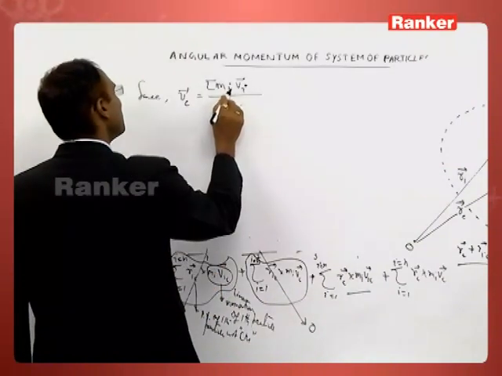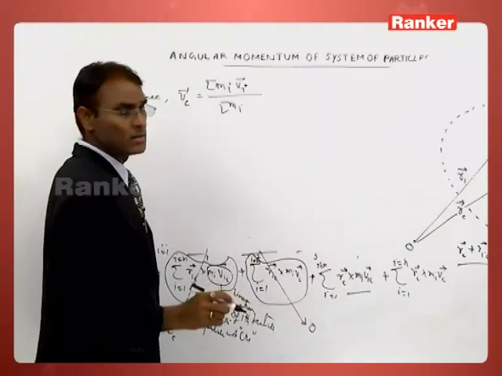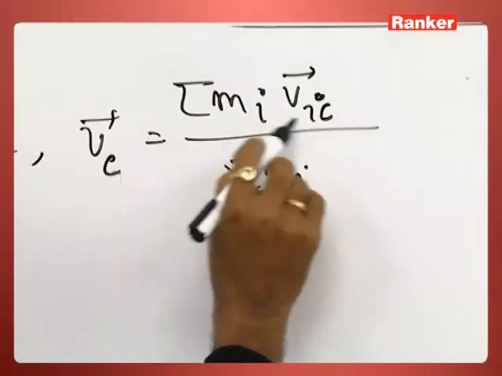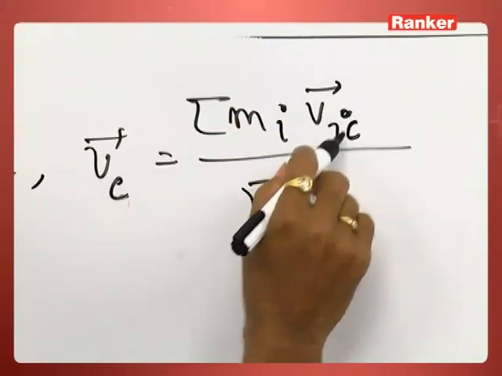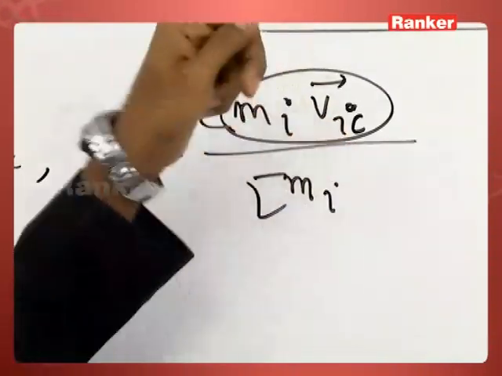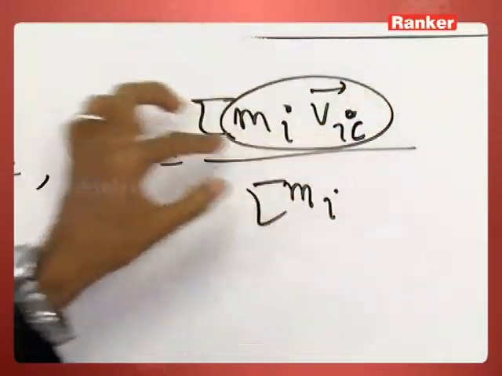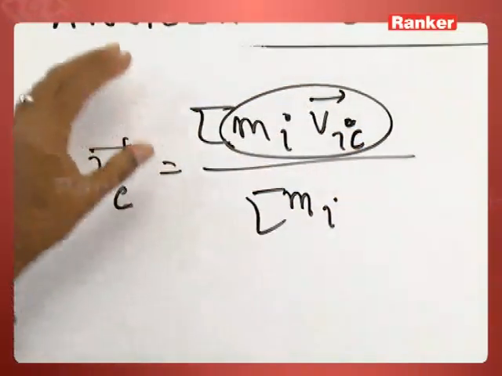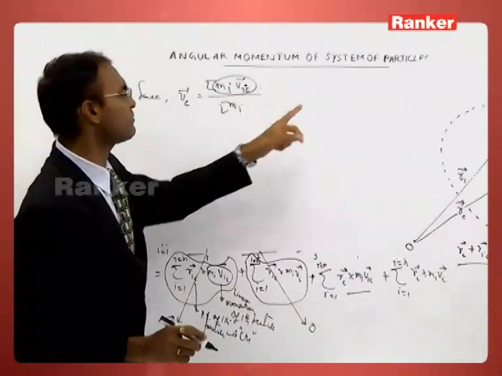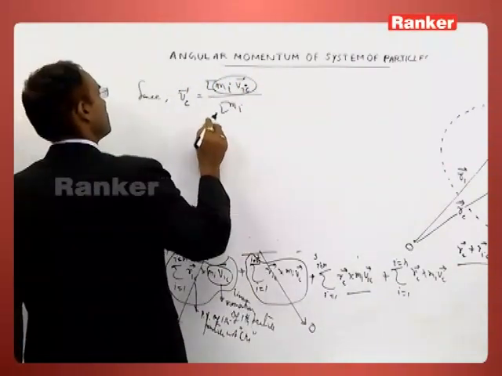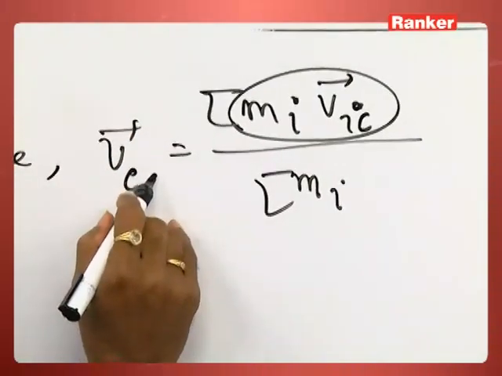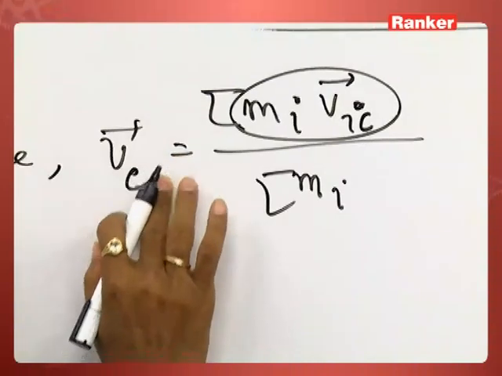If you take the reference point fixed to the center of mass, this will be the velocity of the particles with respect to center of mass, or this will be the momentum of ith particle with respect to center of mass prime, or the entire numerator term will be equal to the sum of momenta of all particles with respect to center of mass of the system. Therefore, the left hand side will be equal to, instead of ground, center of mass prime.